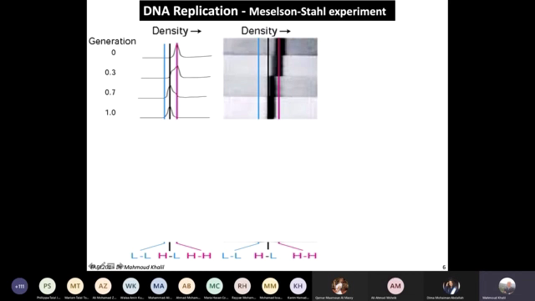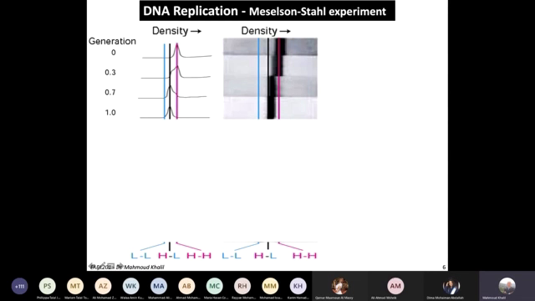If the band migrates here, that means it's heavy. What if it migrates on the blue line? That means it's light. What if it migrates in the middle? That means it's an average between heavy and light, so it will migrate on the black line again.